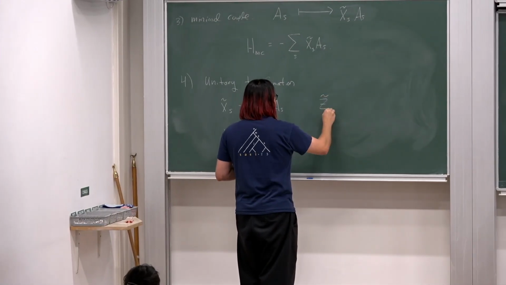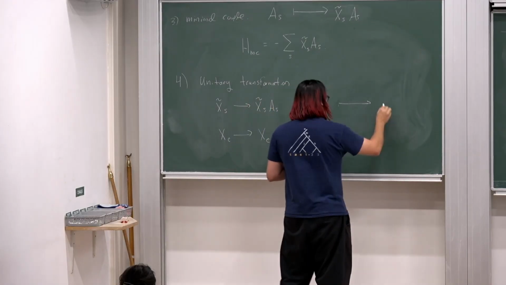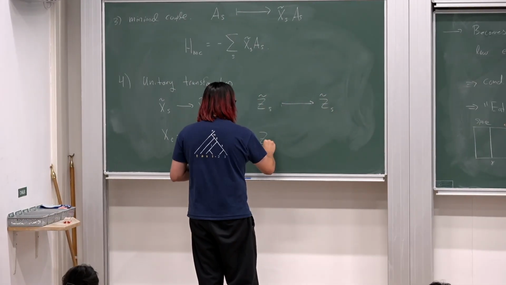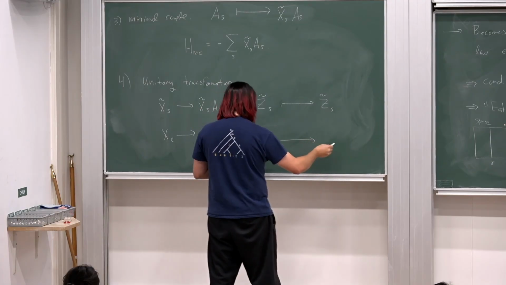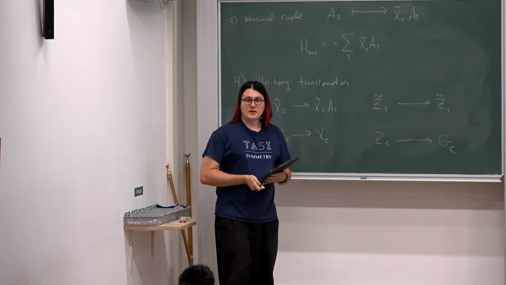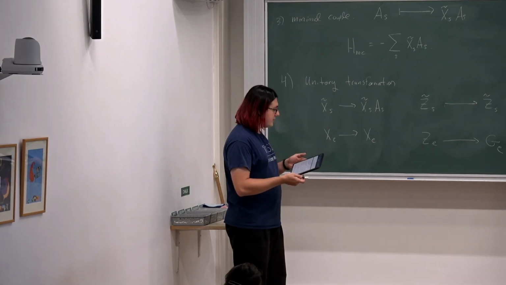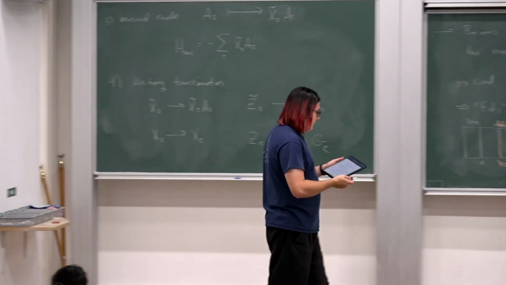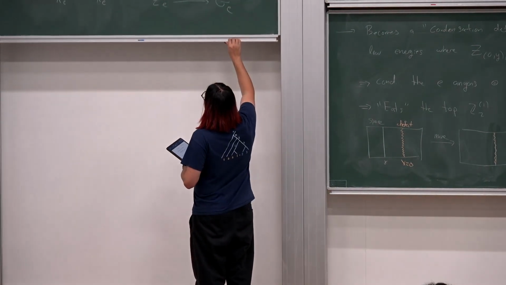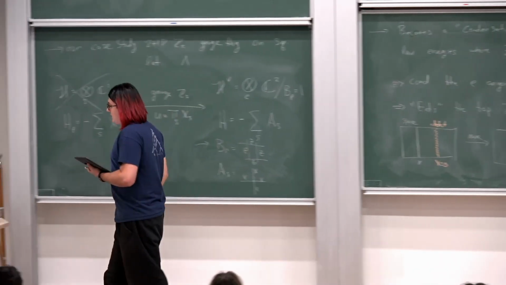The Z tilde for a site does not change. And now the Z operator for an edge does change. It becomes the Gauss operator. You can check this is implemented by a unitary transformation and is locality preserving. It should be viewed as a basis change. And now when I go to this new basis, something quite nice happens.